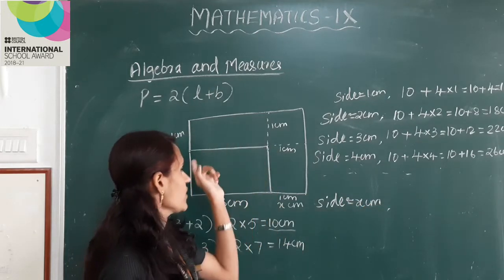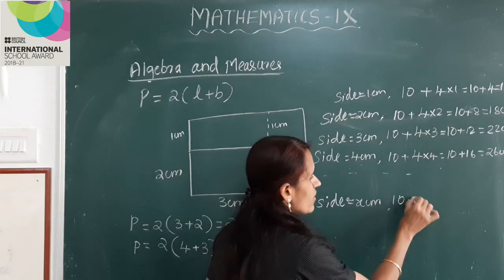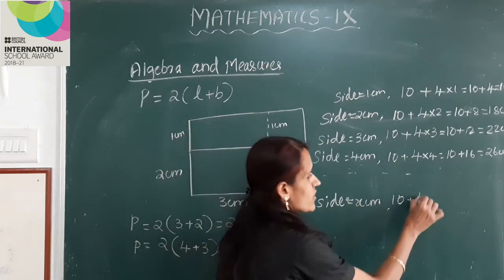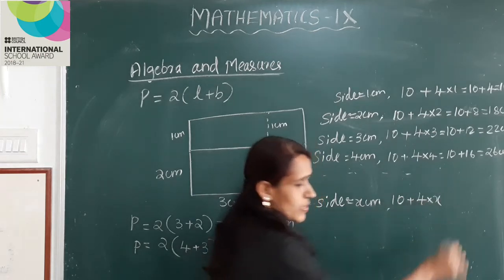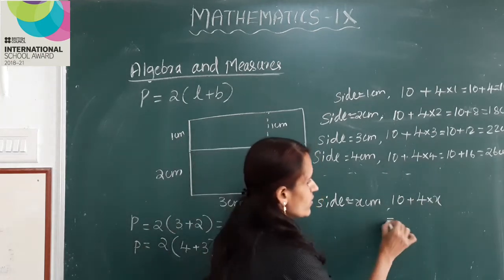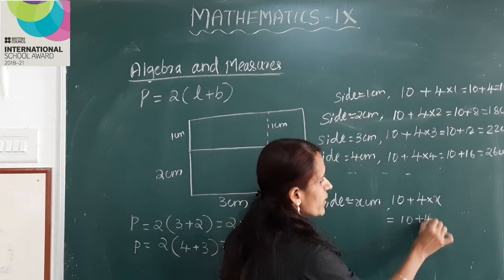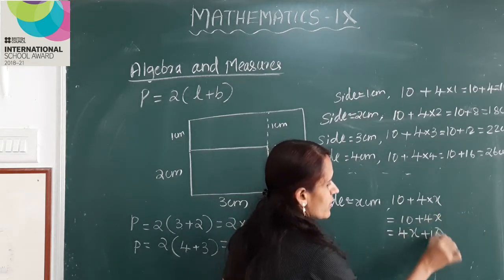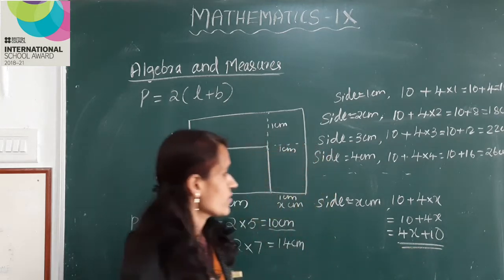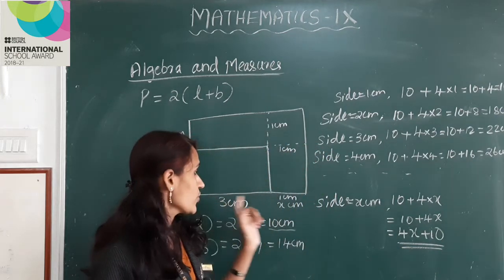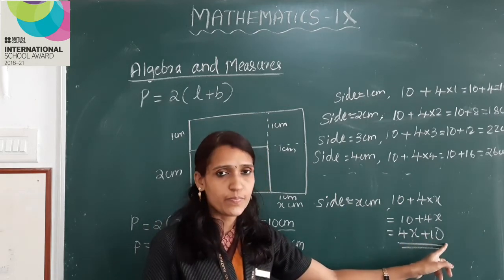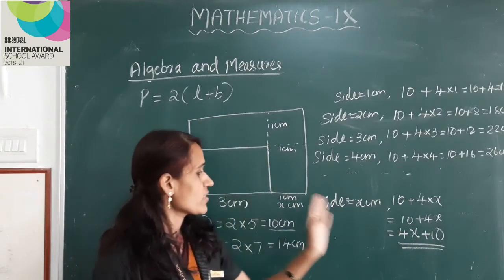Perimeter of the original rectangle is 10 plus total increase, that is 4 into x. This is equal to 10 plus 4x. This can be written as 4x plus 10. So, the perimeter of the new rectangle is 4x plus 10. So, its algebraic expression is 4x plus 10.